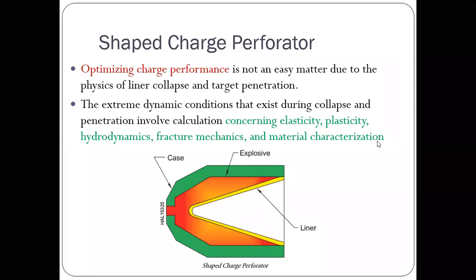So you can see that so many parameters are affecting the performance of the perforator. So it is a very dynamic condition. So this is all about the shaped charge perforator. Do you have any query?